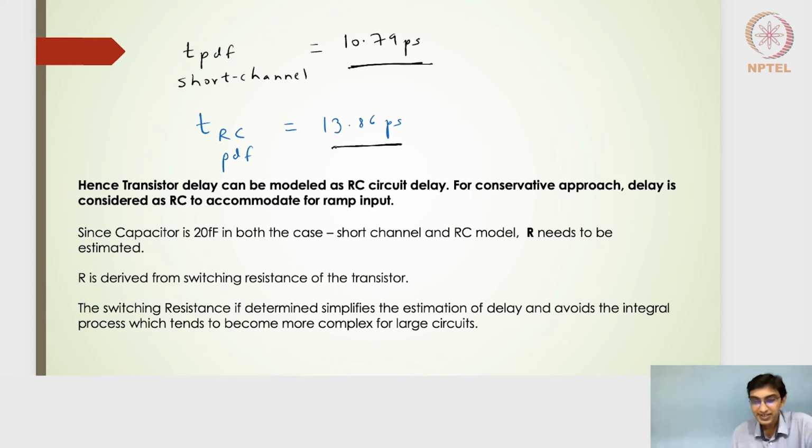What we are saying is, if we can model a circuit, in the previous case an inverter discharging from VDD to 0, into an RC equivalent circuit, then finding the propagation delay for an RC circuit is much simpler than calculating it for a transistor.